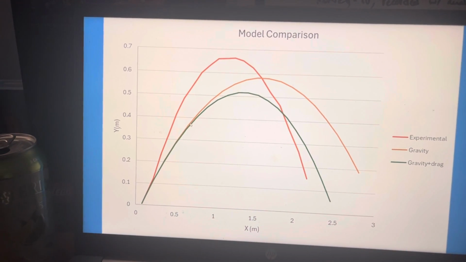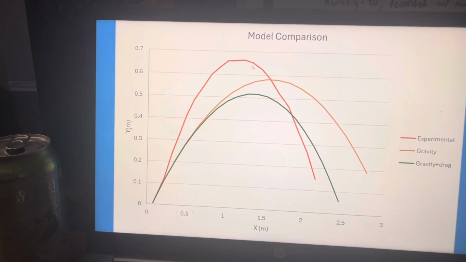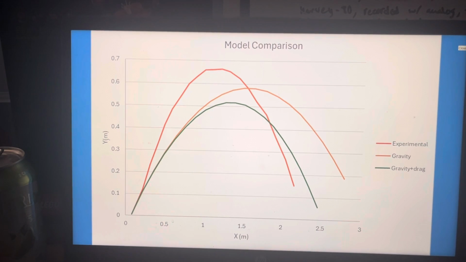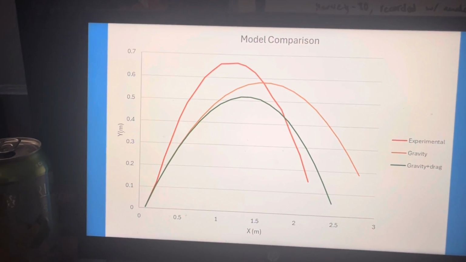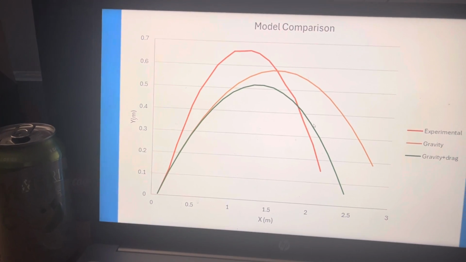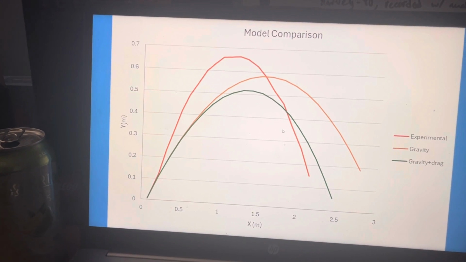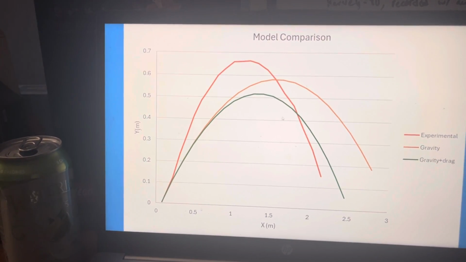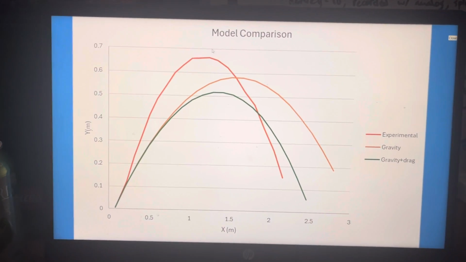I know the experimental goes a lot higher, and I think that was because my frame rate was too low and my mass is just off, which I couldn't quite fix. But as you can see, drag pulls the curve inwards and makes the parabola a lot skinnier, which makes it more closely related to the experimental.